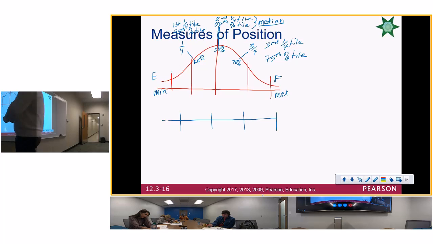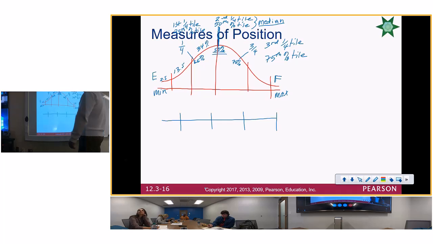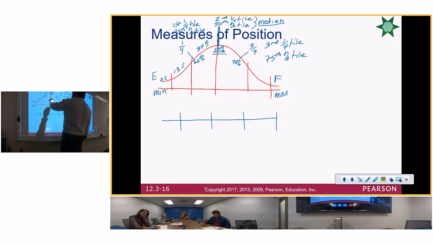This is 2.5%. This is 13.5%. And this is 34%. What do you think those three equal if you add them together? 50%. So if you take those three numbers, 2.5, 13.5, and 34, and you add them together, you get 50%.